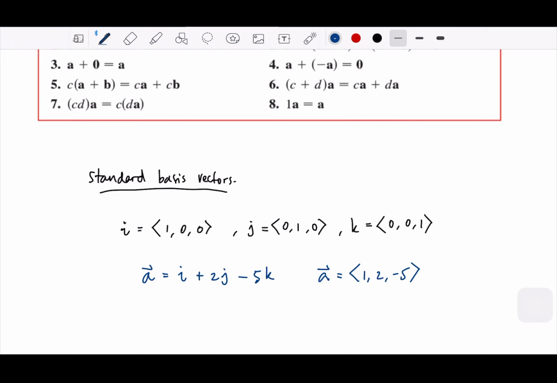And in a sense, i, j, and k will help you to describe how it relates to the direction, especially when you deal with cross product. Okay, I think it's helpful.